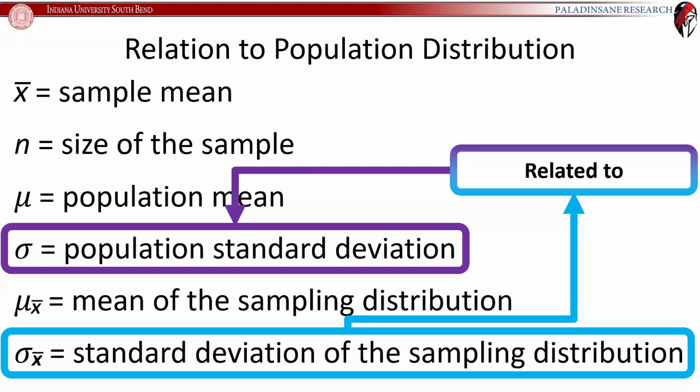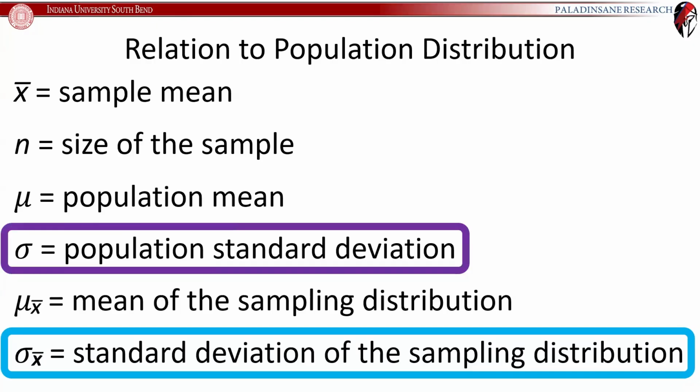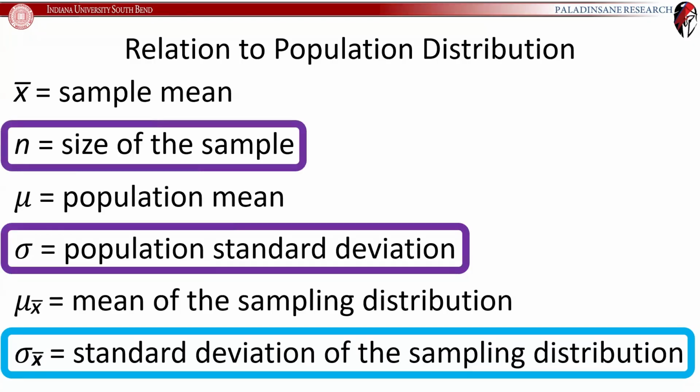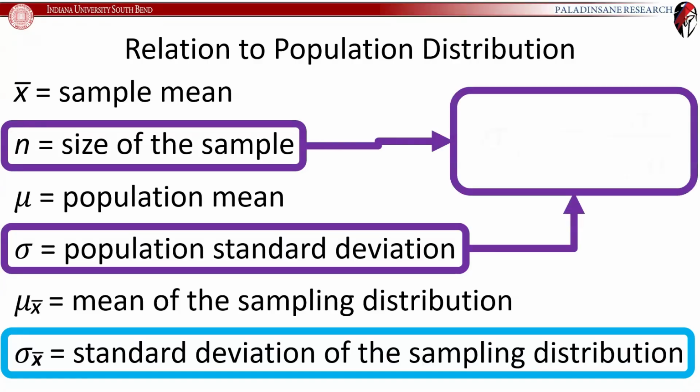The standard deviation of the sampling distribution is not equal to the population standard deviation, but it is related to it via the size of the sample. And the relationship is this formula right here.